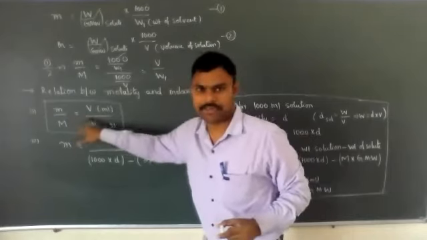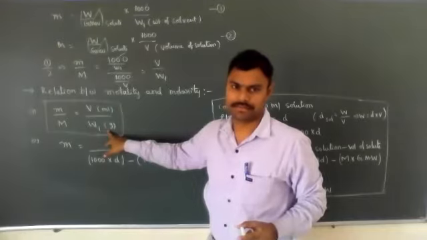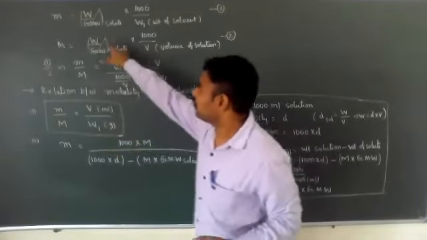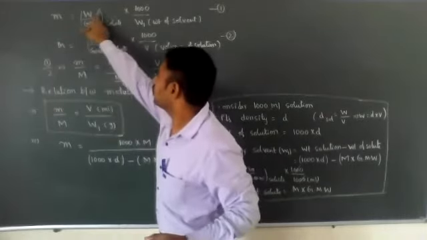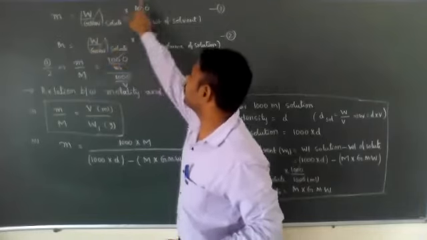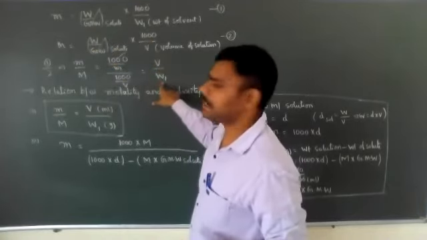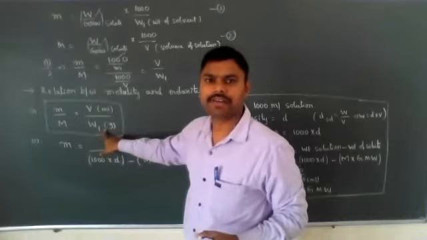Molality by molarity is equal to volume of solution by weight of solvent. How did I get this? I did molality by molarity. The number of moles of solute will cancel, then 1000 will cancel, then I got V by W1, which means volume of solution by weight of solvent.